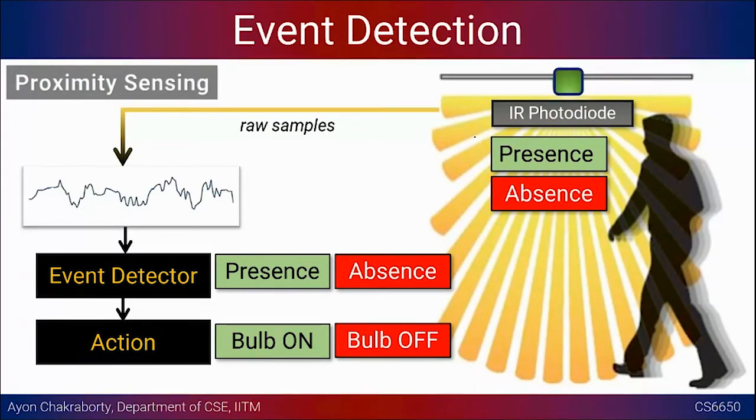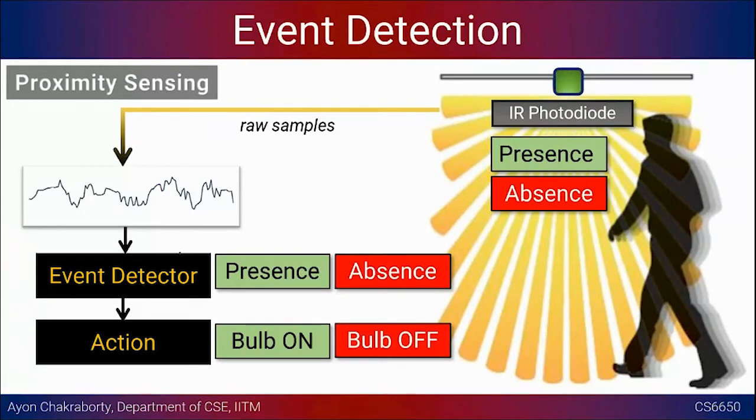So somebody is entering the room, and this IR photodiode, we already saw that there are samples being collected by the IR photodiode, and some processing will take place, which is going to give out this detection, right? So there will be an event detector.